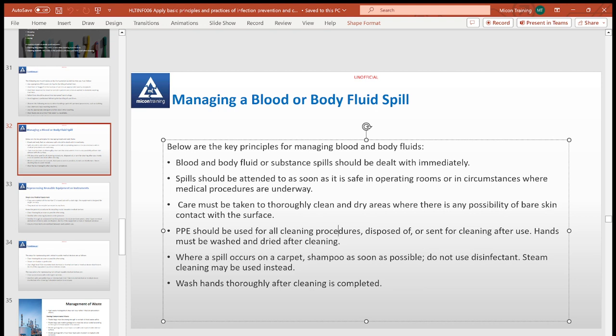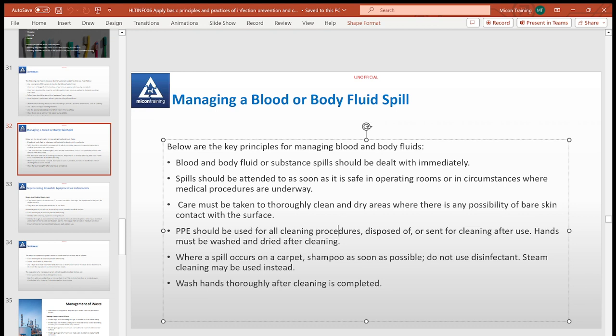Care must be taken to thoroughly clean and dry areas where there is any possibility of bare skin contact with the surface. PPE should be used for all cleaning procedures. Dispose of it or send it for cleaning after use.